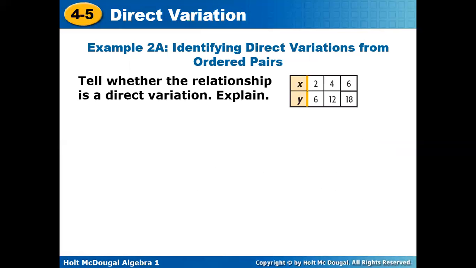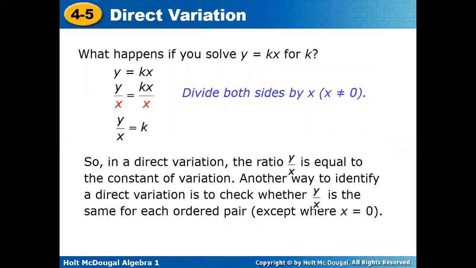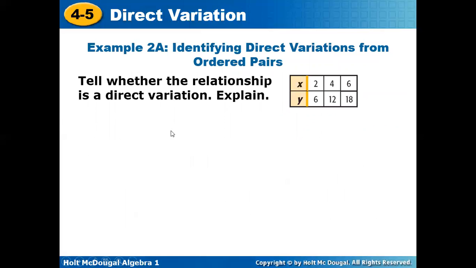Let's see the second example. We have a table. Tell whether the relationship is a direct variation and explain. In the previous slide, we said that if we divide y by x and the result is a constant number, it will be direct variation. So in this question, we will divide each value of y by its corresponding value of x.